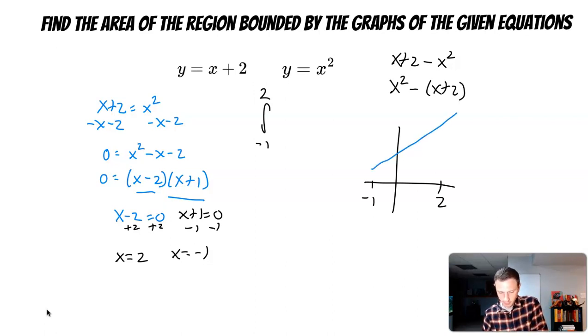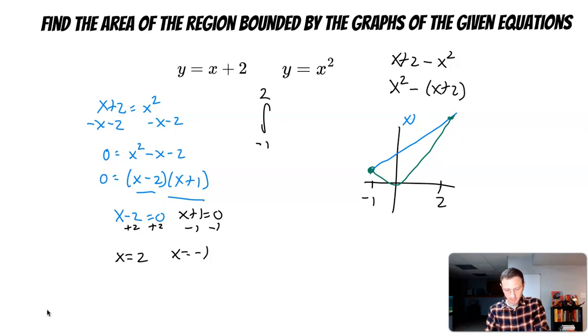So that'd be x plus 2, just about, just a rough sketch. And then that would be x squared. So it looks something like that. Not the best sketch, but you get the idea that from this limitation of -1 to 2, where they cross paths, x plus 2 is going to be above the x squared.